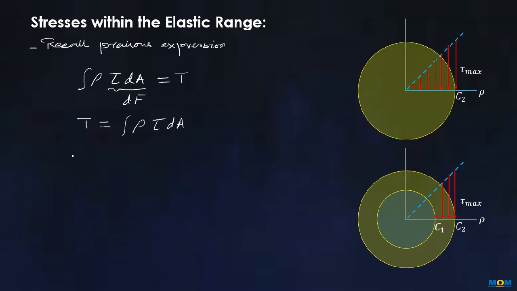Further, considering this previous expression, we can write T as the integral of rho upon C tau max dA, as tau is equal to rho upon C tau max.